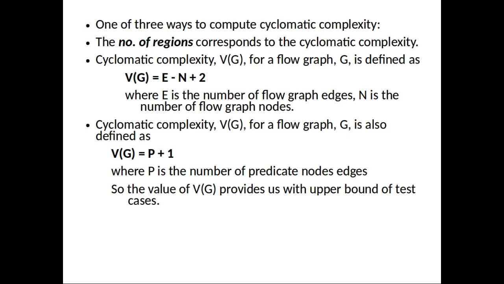So in all these methods, we identify the value of V of G, which provides us with an upper bound of the test cases. In this case, a maximum of 4 test cases can be defined for the given graph, so that it guarantees to cover all of the program statements executed at least once.